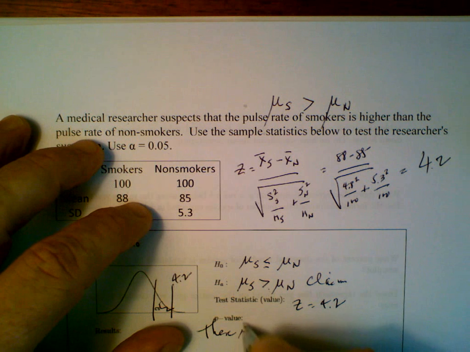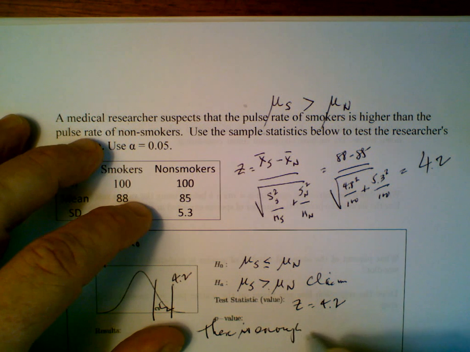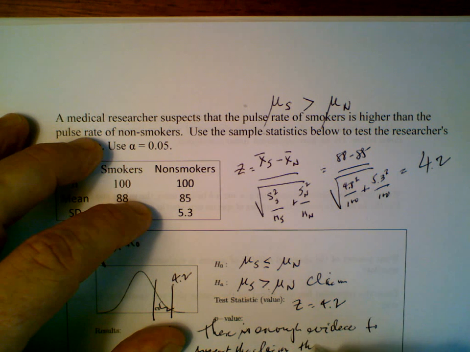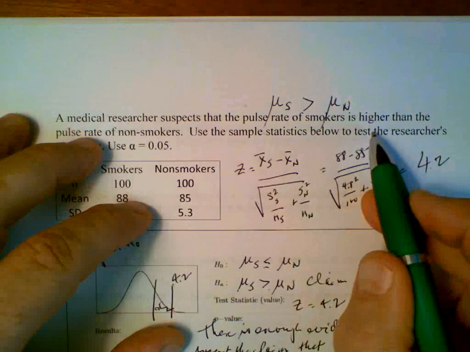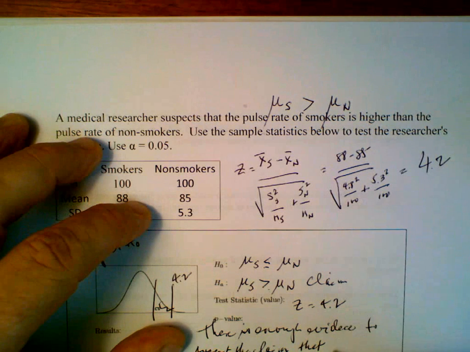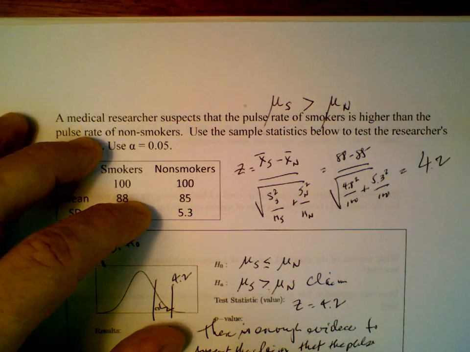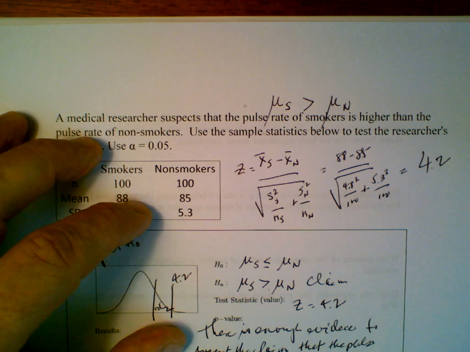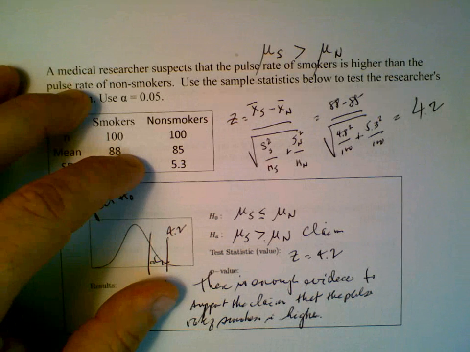There is enough evidence to support the claim that the pulse rate of smokers is higher than that of non-smokers. The pulse rate of smokers is higher. Okay, I got it all in there.